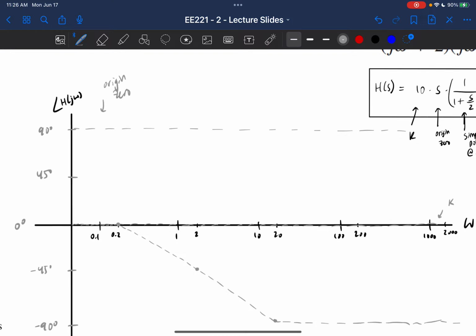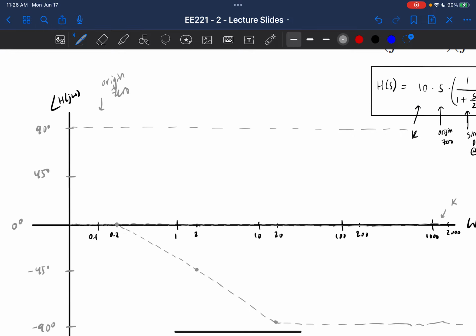And then the last thing I need to do is the same thing for the one at 10. So a decade before, it'll be at 0. It goes to 0. Then at the value of p, it drops to negative 45 degrees. Then it drops for another decade at 45 degrees per decade, and then it flattens out.